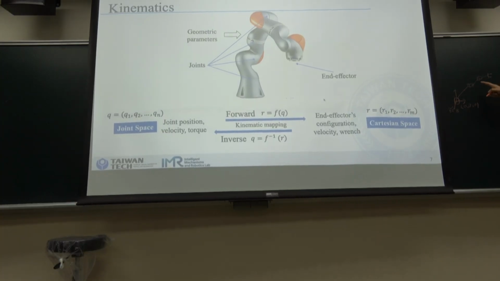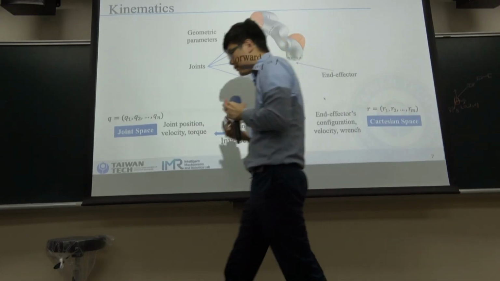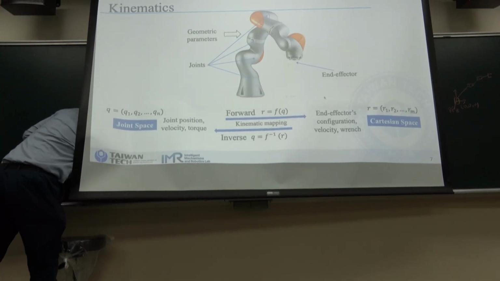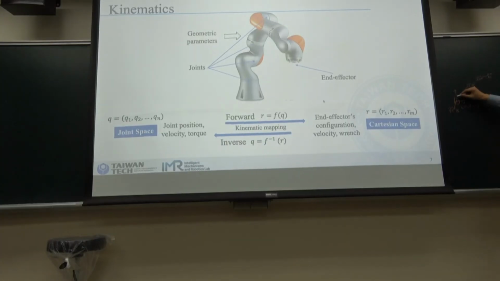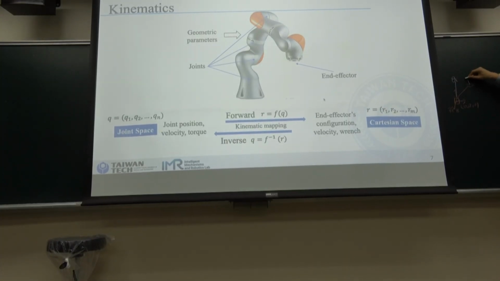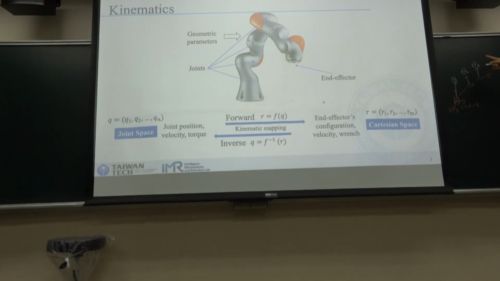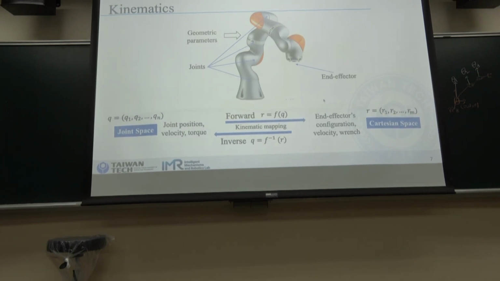Here we have 3 joints. So what is the value of these 3 joints so that we can get this end effector to the point of the object?